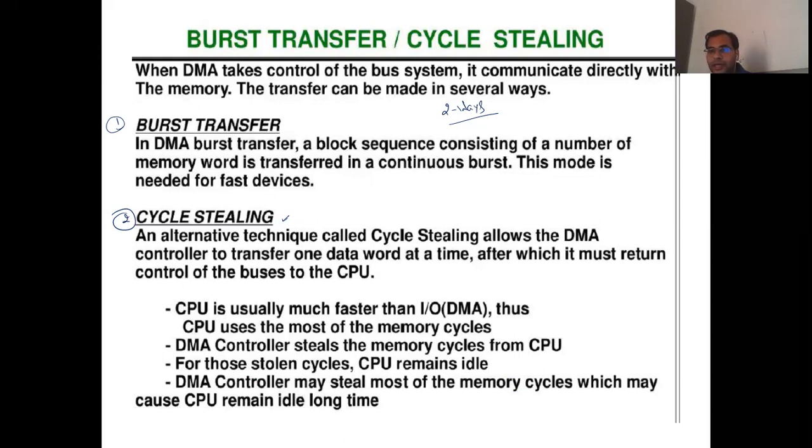To solve this problem, we have a method named arbitration, that is bus arbitration. We have to use that kind of technique when at the same time the CPU as well as the DMA request the system buses. We will discuss those things in the next video, which will be on bus arbitration.